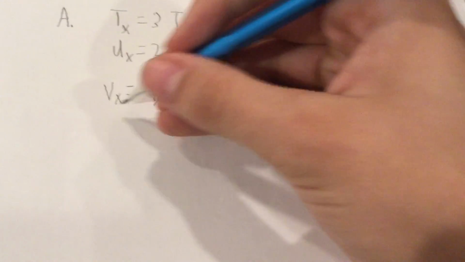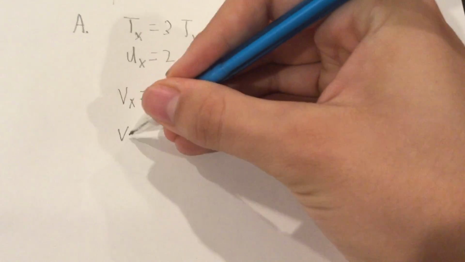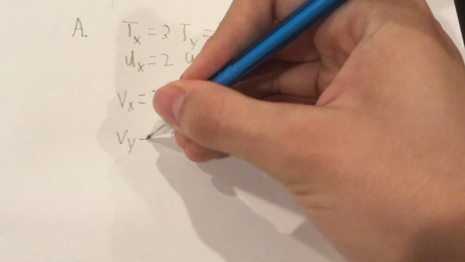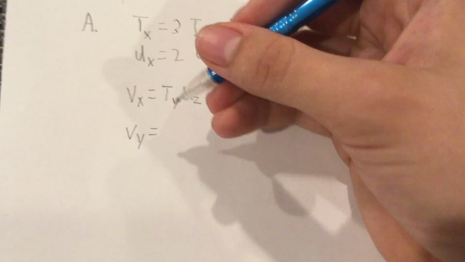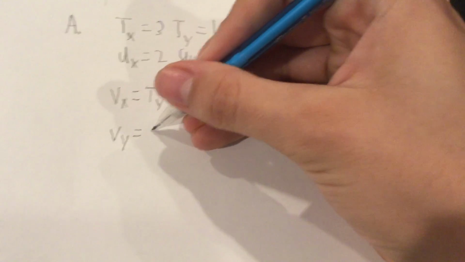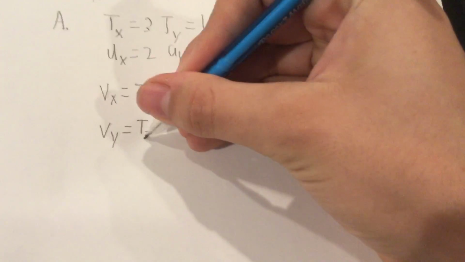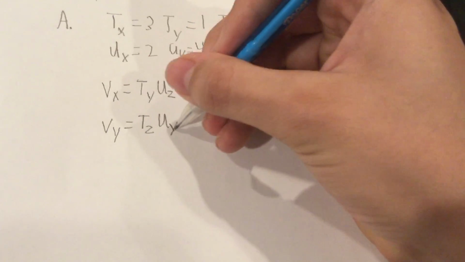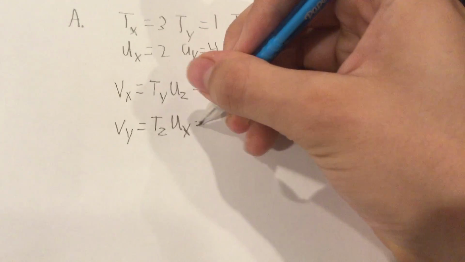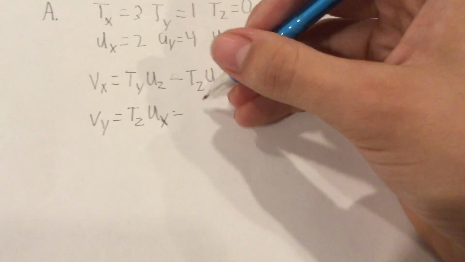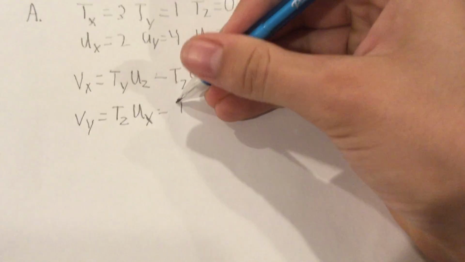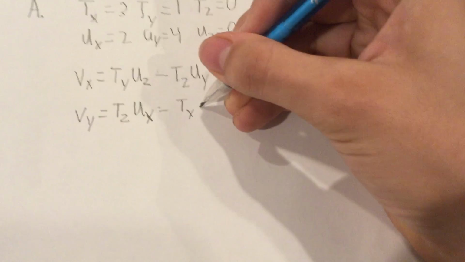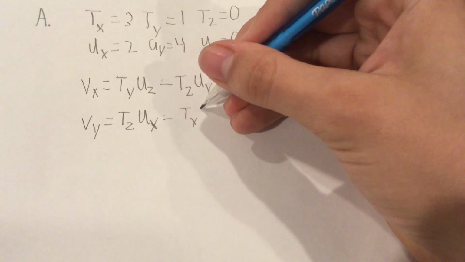Now we go to v of y. The component for v of y is going to be equal to t of z times u of x, minus t of x times u of z.